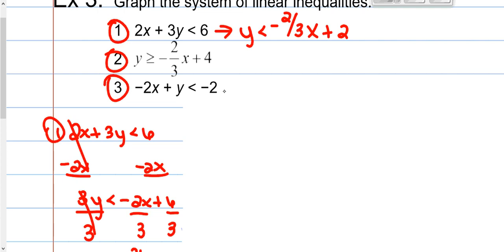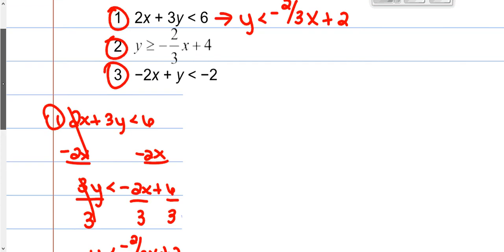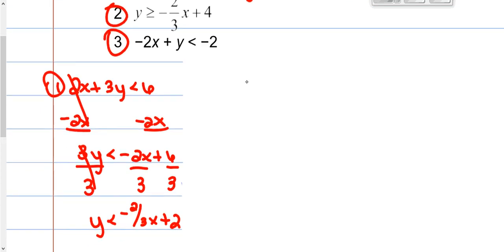The third one, we have negative 2x plus y is less than negative 2. So let's look at it. Negative 2x plus y less than negative 2.